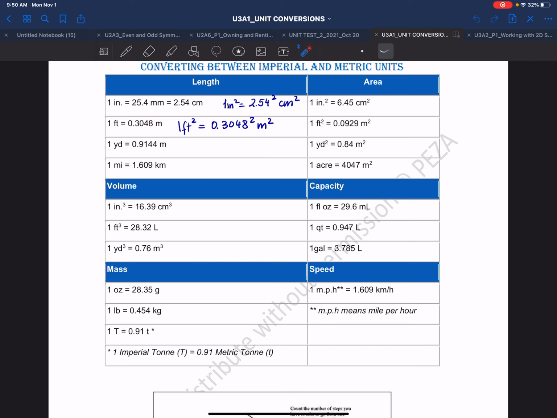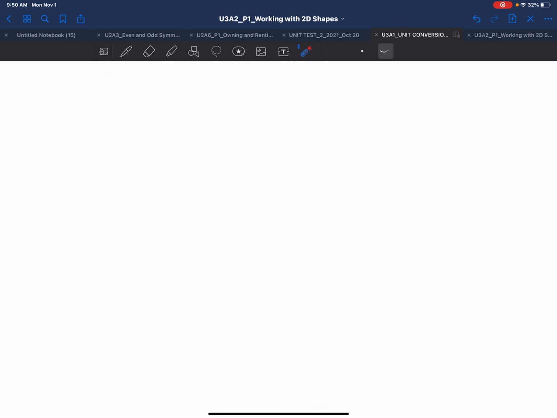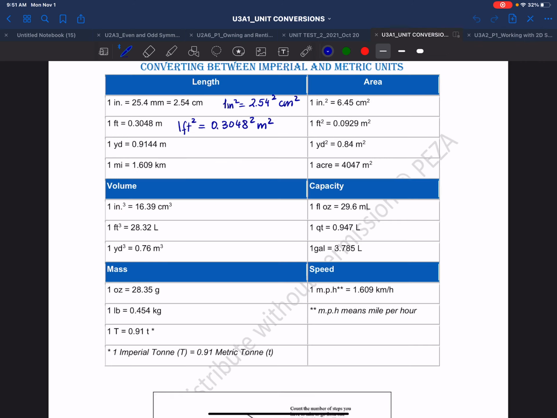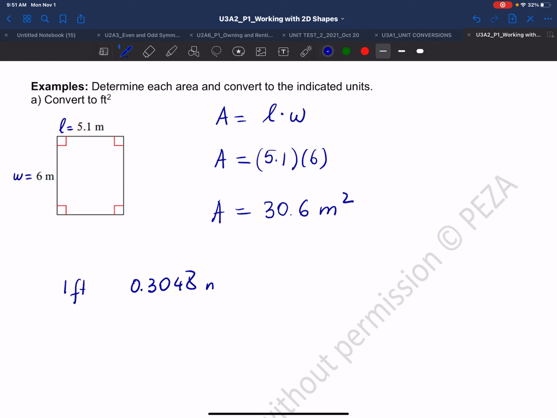So we have 1 foot equals 0.3048 meters. Because we are converting meters squared into feet squared, we're going to need to find a connection between the two. Remember how we explained it in the previous lesson: if we want the squared, we square both, so 1 foot squared equals 0.3048 squared meters squared.